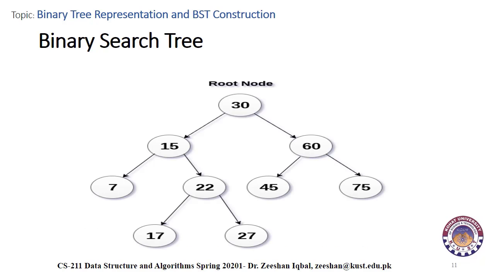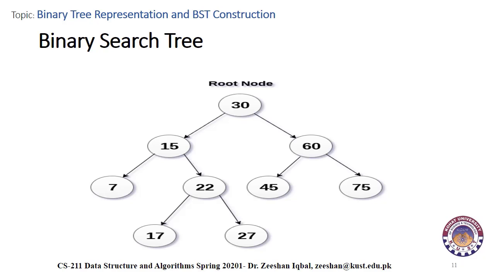Here we can see that a binary search tree is shown. As per the constraint applied on the binary search tree, the root node 30 does not contain any value greater than or equal to 30 in its left subtree, and it also does not contain any value less than 30 in its right. For example, 30's left child is less than its parent node, and 30's right child, which is 60, is greater than its parent node.